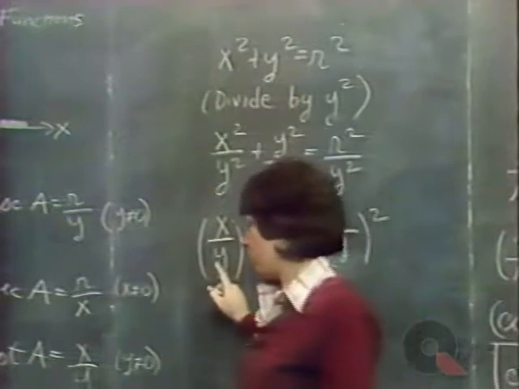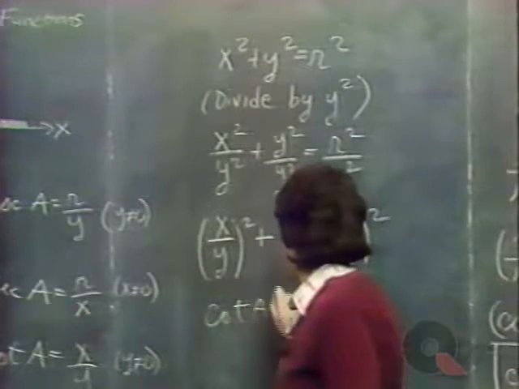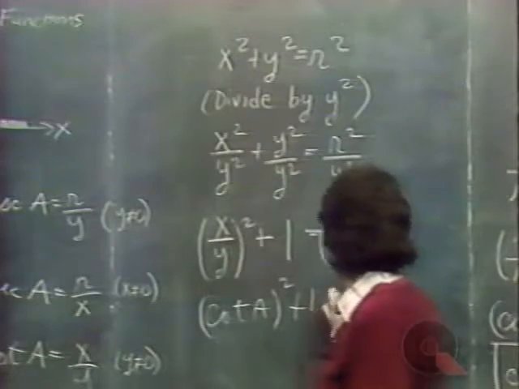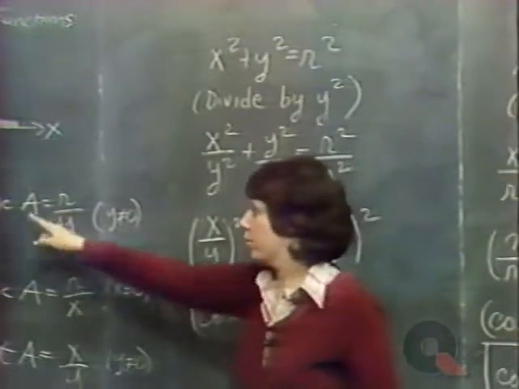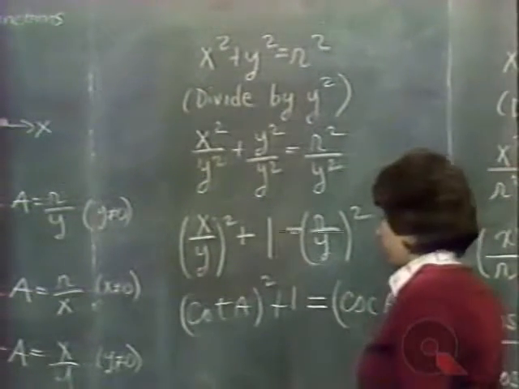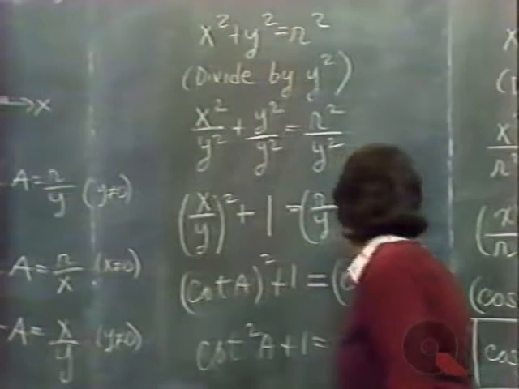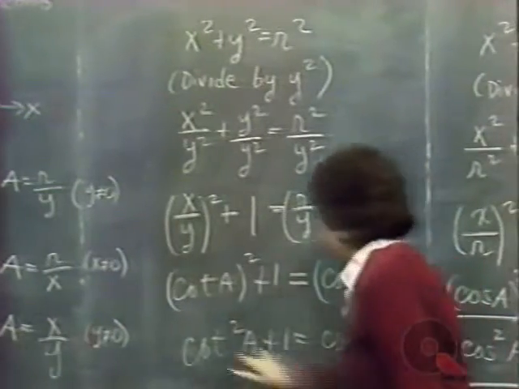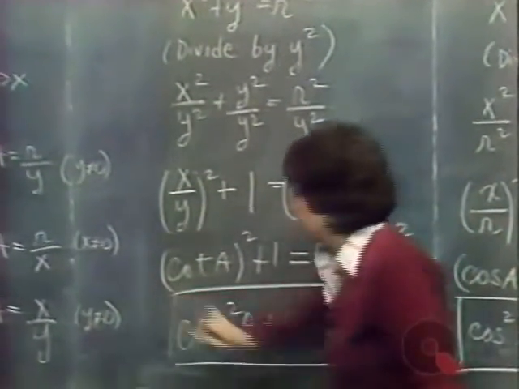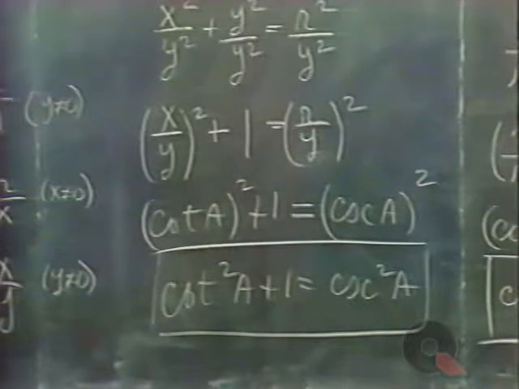Now, x over y is cotangent of A. So we have cotangent of A quantity squared plus 1 equals r over y, which is cosecant of A quantity squared. Or cotan squared A plus 1 is cosecant squared A. So we have 3 of these Pythagorean identities.